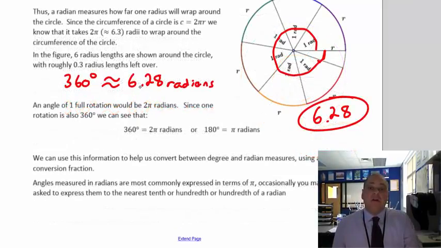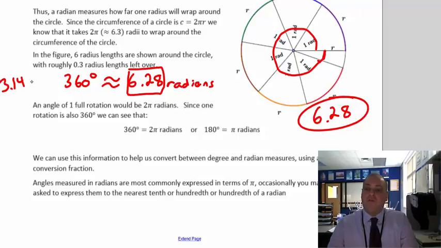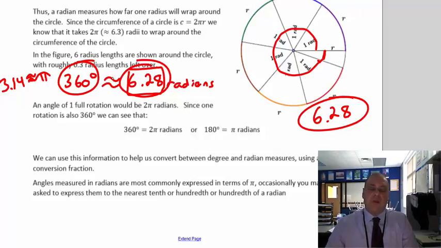And the number 6.28 is double 3.14. And what do we know about 3.14? 3.14 is approximately pi. And that's what I'm trying to get at here: 360 degrees takes 6.28 radians.